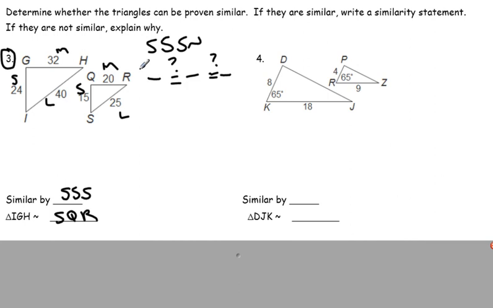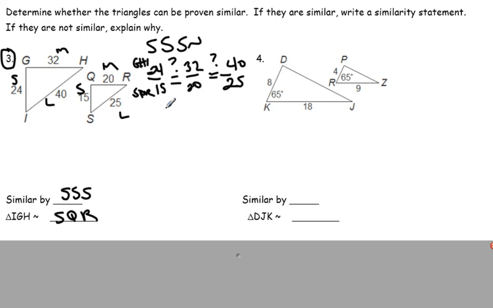And then I'm going to make my measurements GHI on the top of my fraction and the measurements of SQR on the bottom. So small side is 24, small side of triangle SQR is 15. We have to see if that equals medium 32 over medium 20 and see if that equals large 40 over large 25.